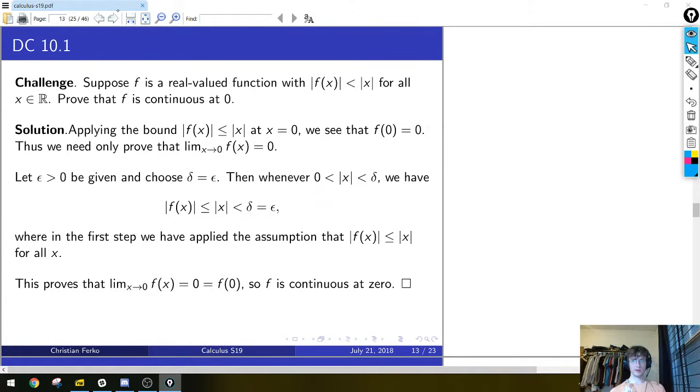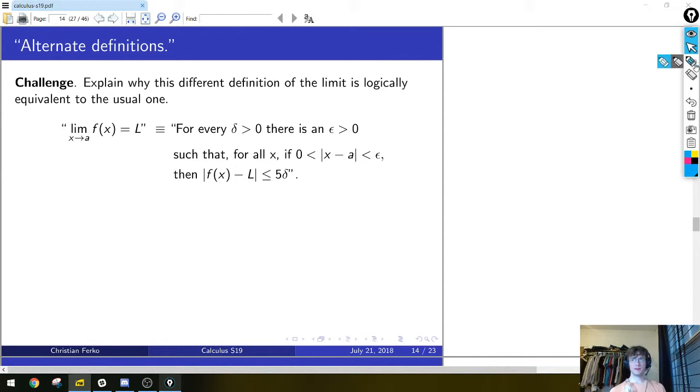Sweet. Okay, what else? The preface for this set of questions is that I think often students, when they're given definitions, will memorize the specific choice of letters and phraseology in the definition. So they memorize the surface details rather than understanding the deep ideas and what the definition is actually doing. To discourage you from doing that, I will give several alternate definitions of the limit.